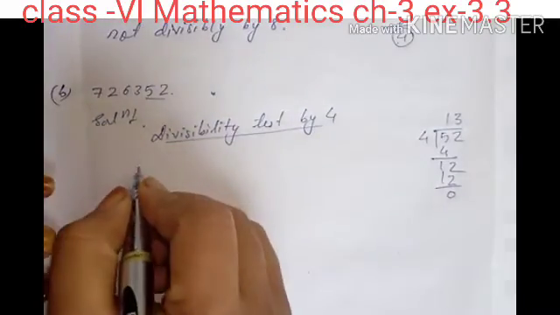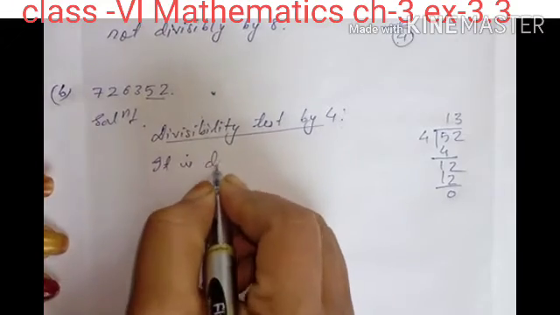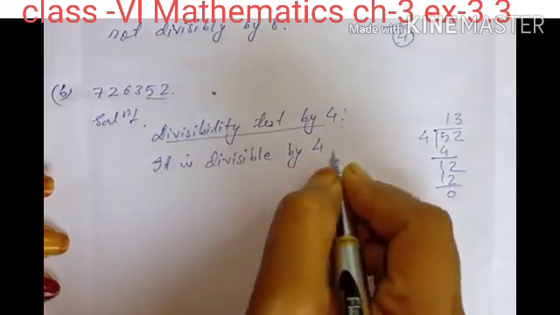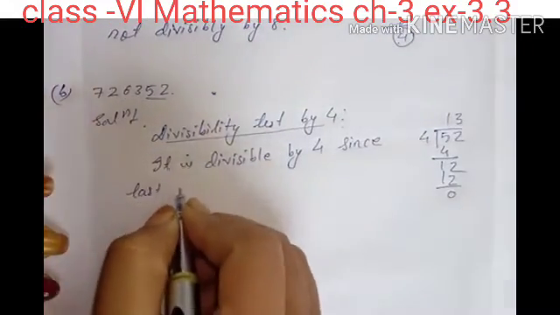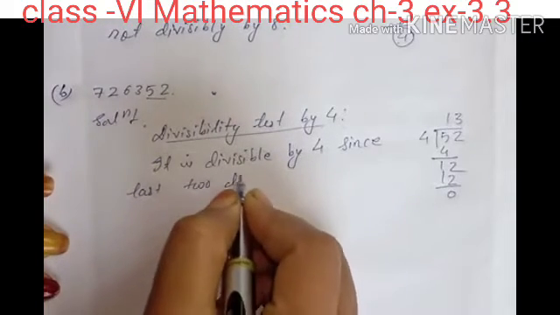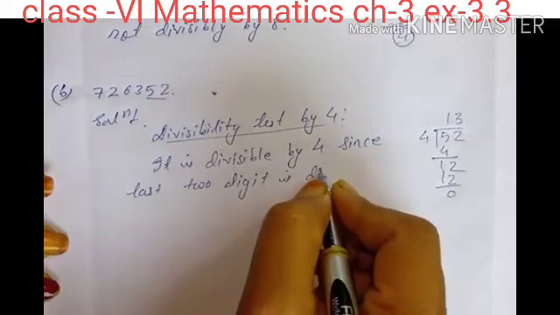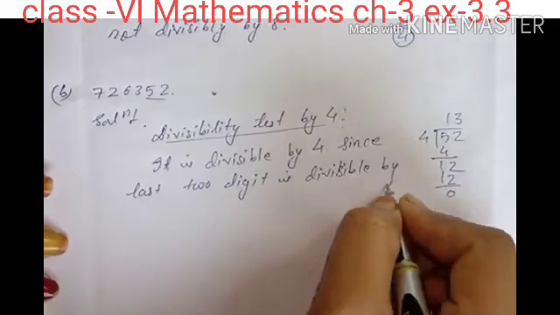So what you will write: it is divisible by 4 since the last two digits are divisible by 4.